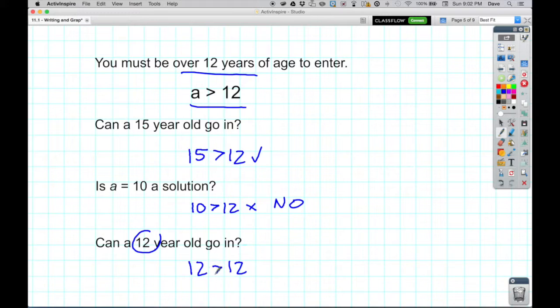Can a number be greater than itself? Well, no. And so here's where we really have to be careful. The difference between over 12 or 12 and up, it's very important that we pay attention to the wording. And that's where we get into a little bit of trouble with how do we represent that? How do we represent that, in this case, that 12-year-old person can't go in, but somebody slightly over 12 years of age could go in?